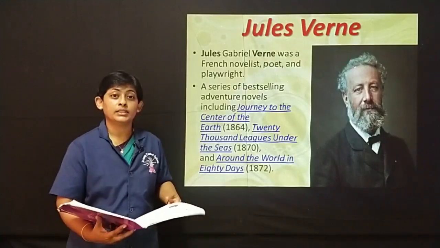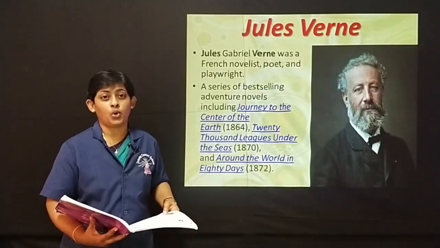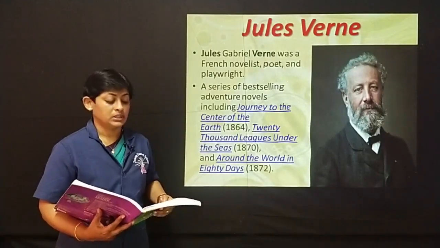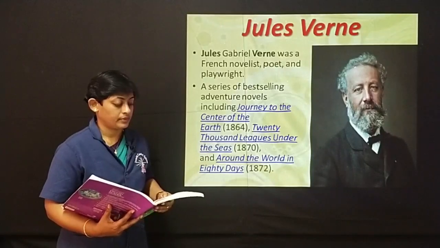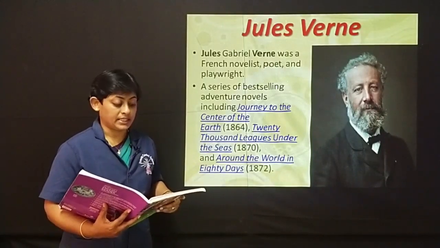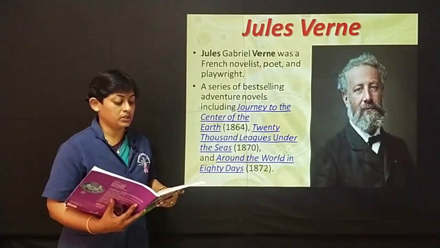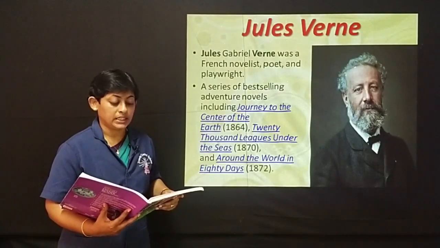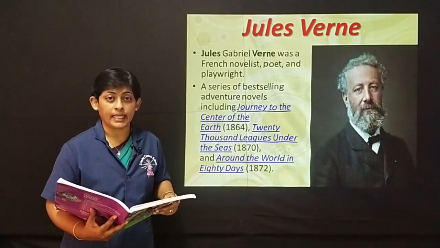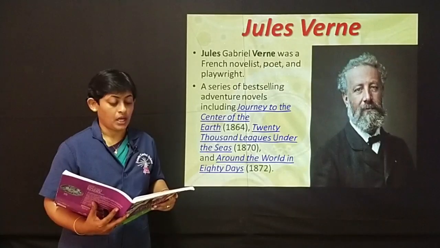Please turn to page number 64 in your textbook. Down the Volcano. Let's begin. This extract is from Jules Verne's novel Journey to the Center of the Earth, published in 1864.